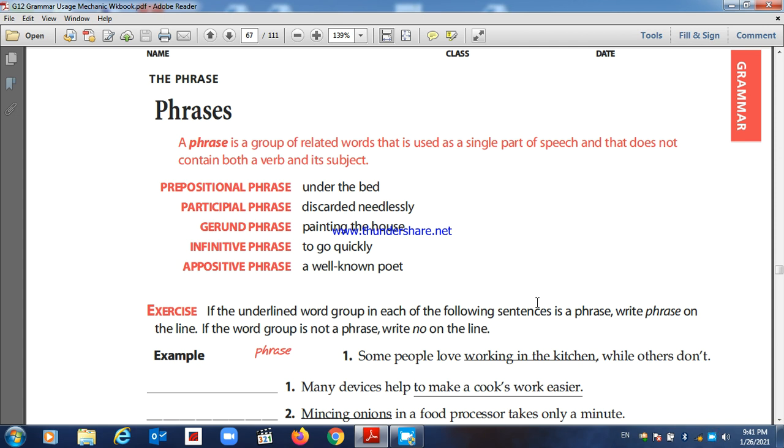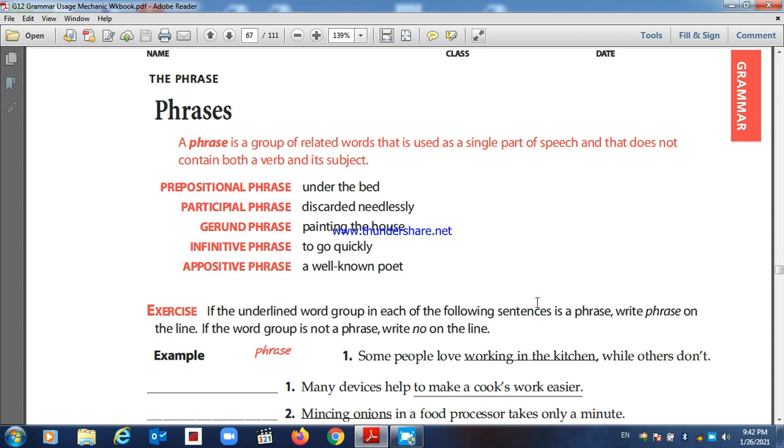Okay? Prepositional phrase. Let's have an example. Under the bed. Prepositional phrase. Very simple, and it starts with the preposition under. Participial phrase. The participial phrase starts with a part of the verb, either a word that ends with ed or a word that ends with ing, present participle.